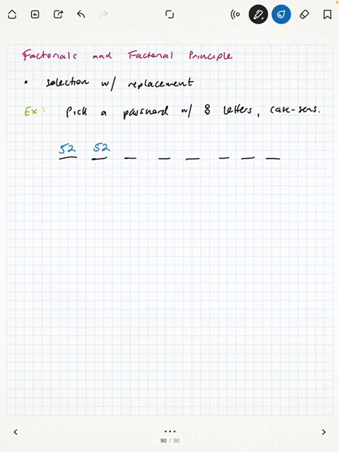And then for the second, you can repeat. It can be capital A's all the way down, or lowercase z's all the way down. So your number of possibilities for each letter is 52. And by the multiplication counting principle, the total number of ways that you can do this is just multiplying all these all the way down.